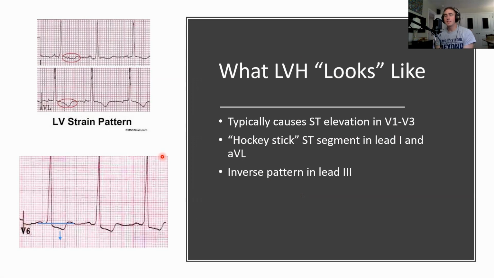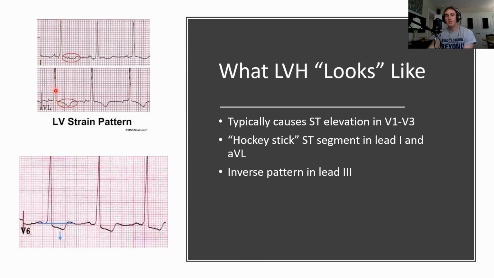So, what does left ventricular hypertrophy look like? Well, you will have the discordant ST segments, right? But there's another characteristic pattern, referred to as a left ventricular strain pattern. If you look in lead 1 or AVL, you will see a positive QRS complex, and you'll see this hockey stick pattern, strain pattern right there.